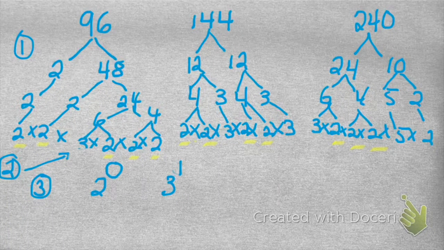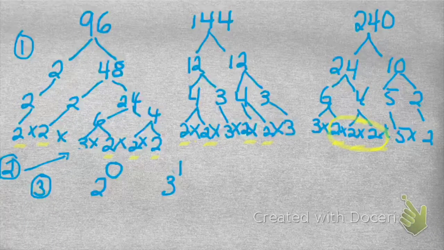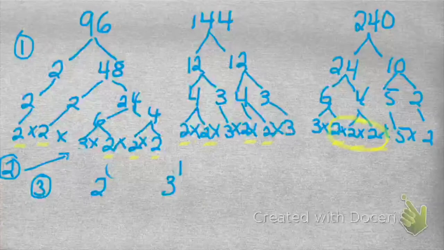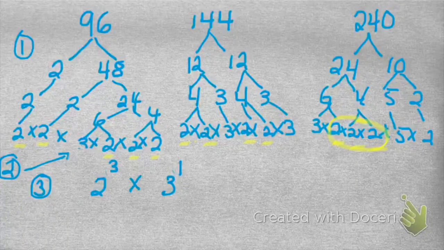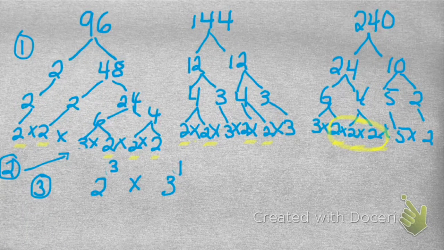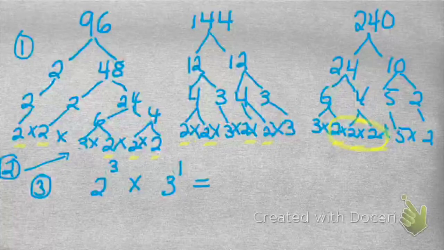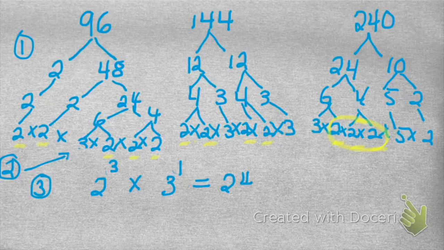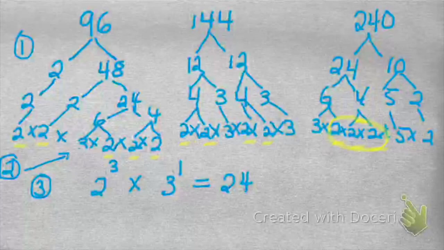Because this one has 3, it's the lowest amount of times that we see it in a tree. So our 2 is going to be to the power of 3. Then you're going to multiply those together. When you multiply 2 to the power of 3 times 3, the greatest common factor is going to be 24. That's basically the best way to do greatest common factor.